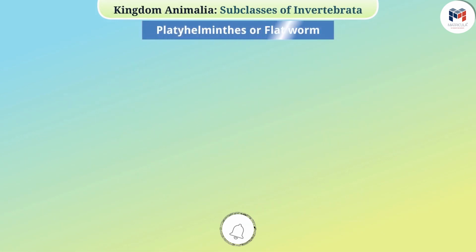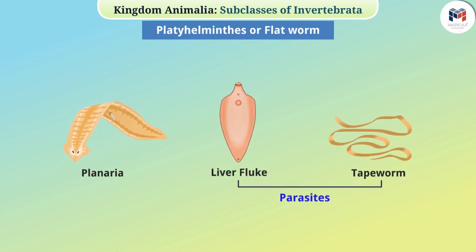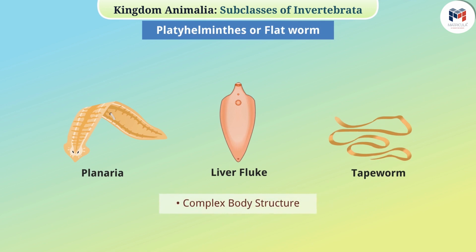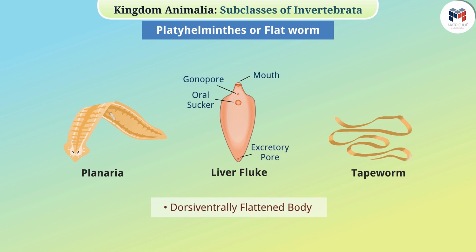Platyhelminthes or flatworm. These include free-living animals such as planaria and parasites such as liver fluke, tapeworm, etc. Their body structure is more complex than earlier classes and their body organization is at the organ level. Their body is dorsiventrally flattened.